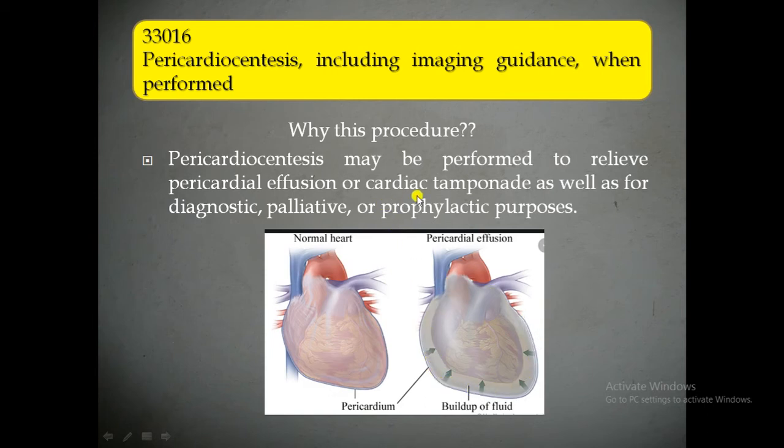Similarly in cardiac tamponade, to relieve this pericardial effusion, the physician will do the pericardiocentesis procedure, and also for diagnostic purposes. Palliative is nothing but to relieve any pain, and prophylactic is nothing but to prevent any disease. When pericardiocentesis is performed, we have to code CPT 33016.